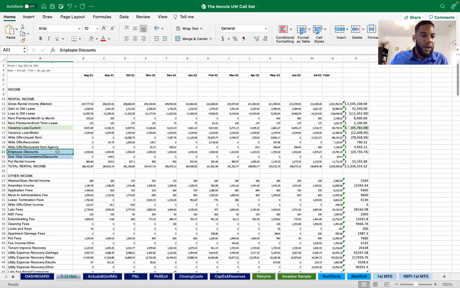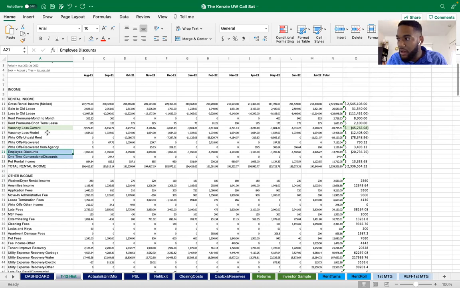No. A concession is basically any incentives the property would be giving residents to move in, something along those lines. Like an incentive. Okay, cool. Yeah, that should be it.